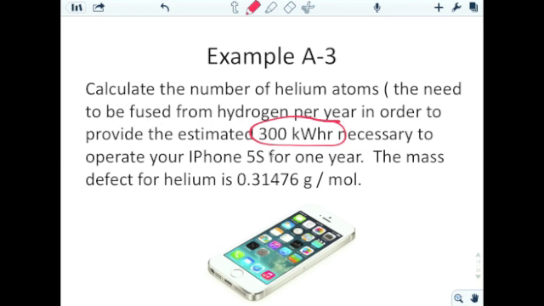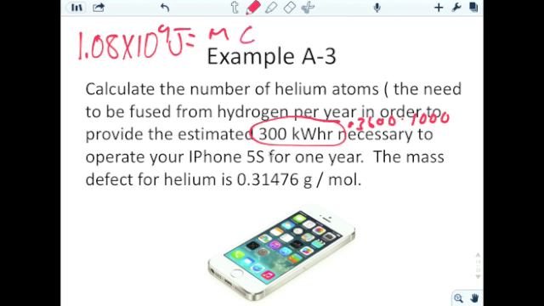To go from our kilowatt hour into our unit that we need of joules, you can multiply by 3600 and multiply by 1000, and that will give us our 1.08 times 10 to the ninth joules equals our mass times our speed of light squared, 3.0 times 10 to the 8th meters per second. And that's going to give us our mass.